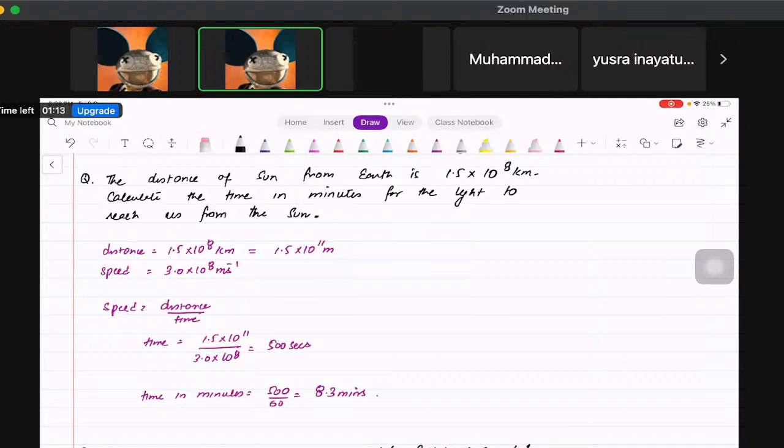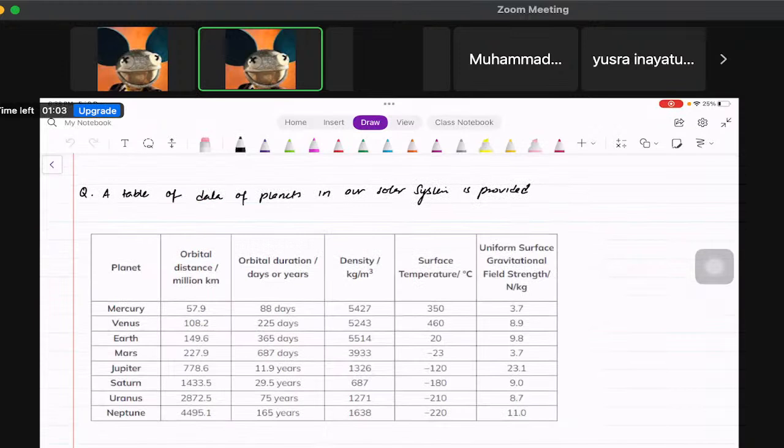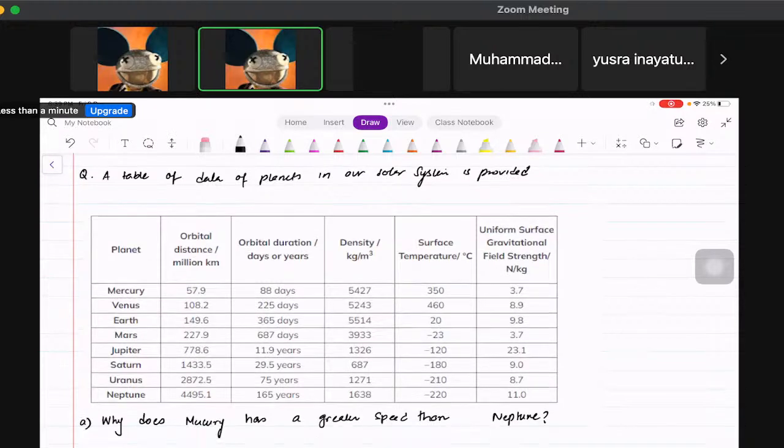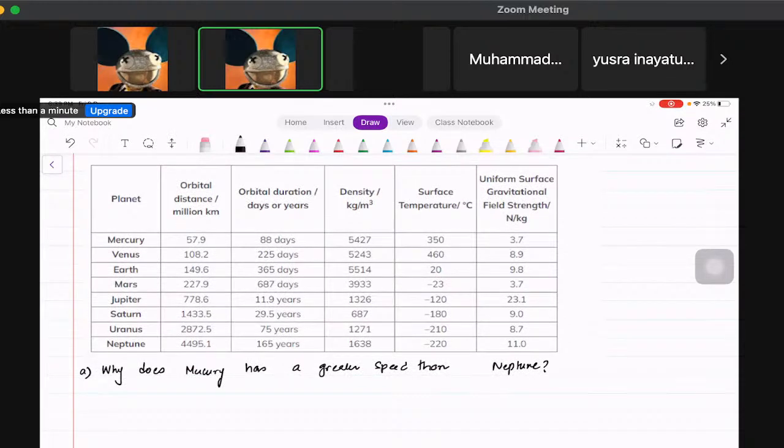Now it says question 1. Why does Mercury have a greater speed than Neptune?